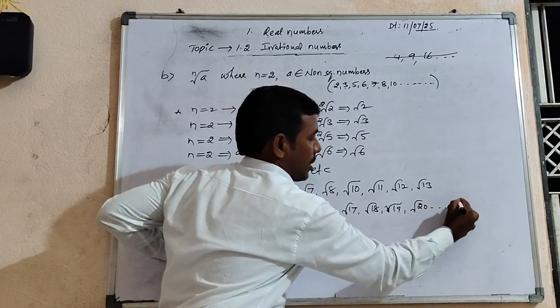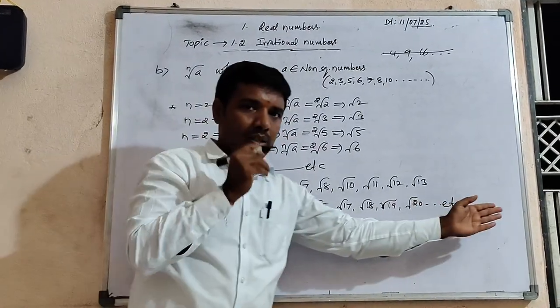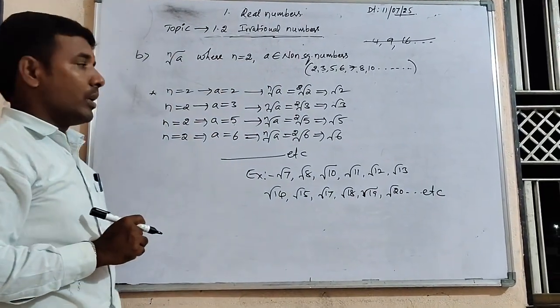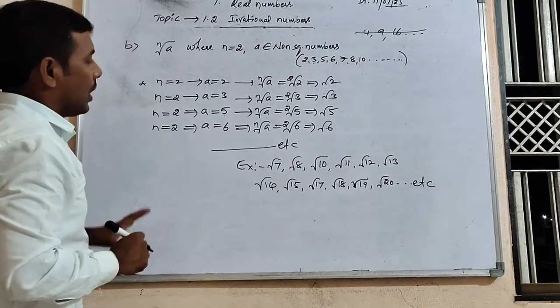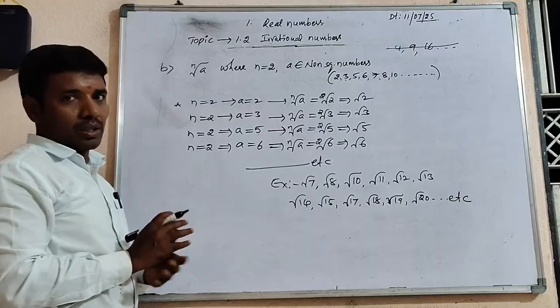In such a way we can write many. How many are there? Infinity. See, these are called surds.